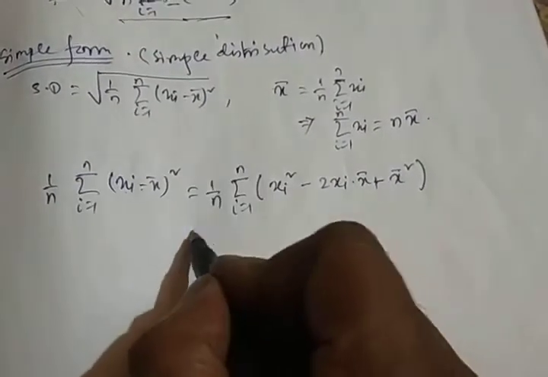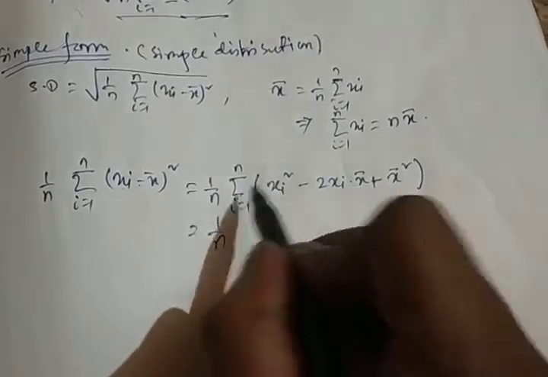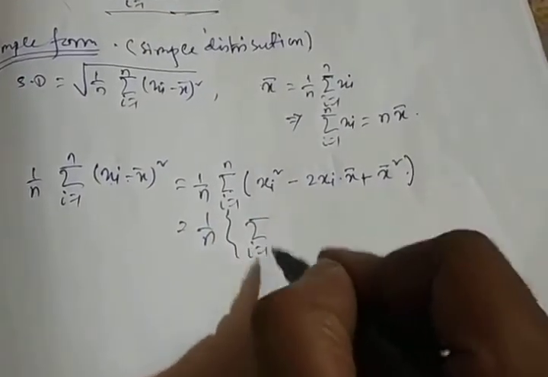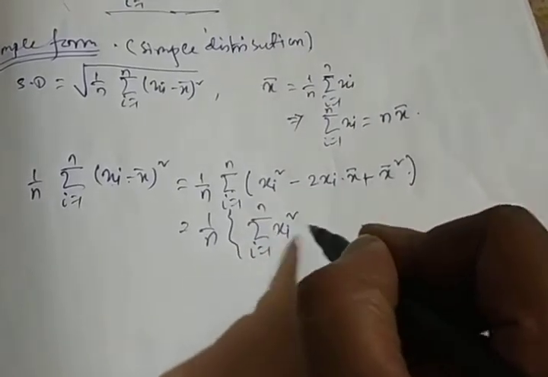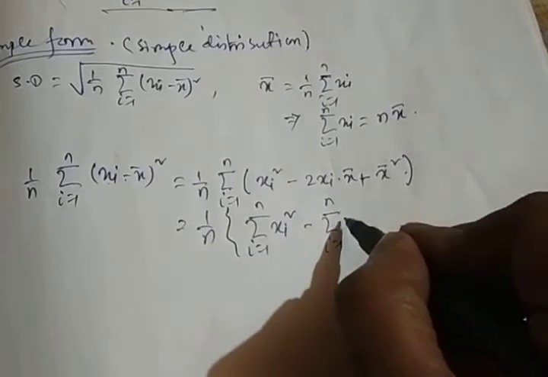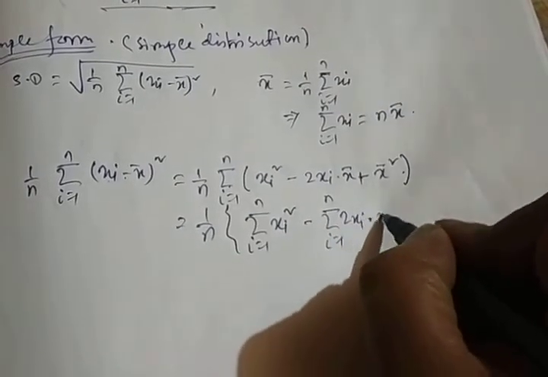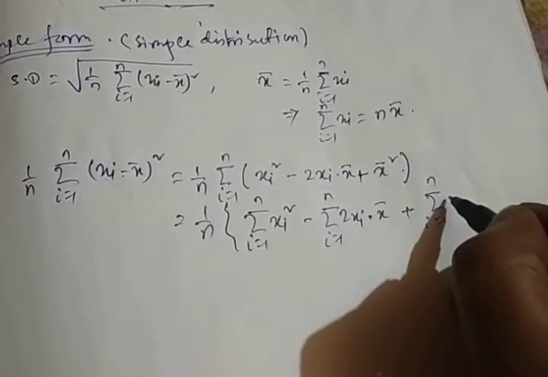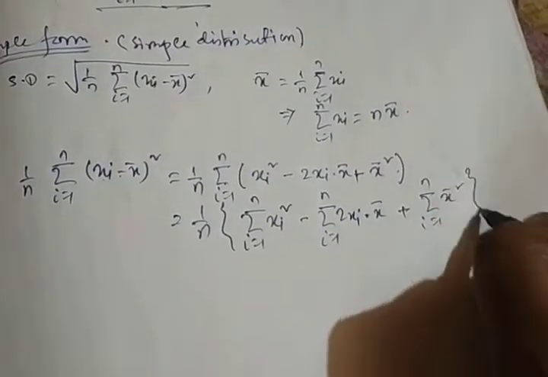Okay, so we will take summation in each of this term. So we will get summation i equals to 1 to n xi square minus summation i equals to 1 to n 2 xi into x bar plus summation i equals to 1 to n x bar square.